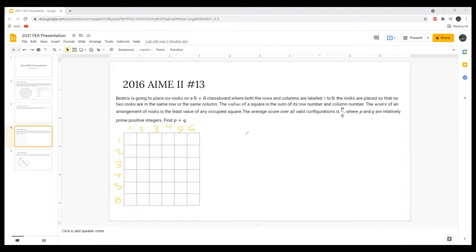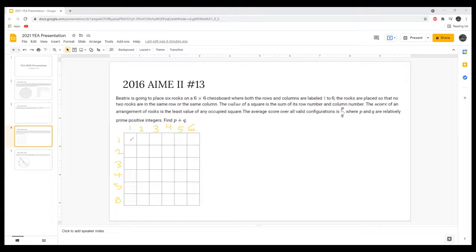So first of all, the total number of possible configurations is 720, because in this first row there are 6 choices to place a rook, and in the second row there's 5 choices because you can't put it in the same column as the first row, and then there's 4, 3, 2, and 1 choice for the rest of the rows. So the total number would be 6 factorial. So then the minimum possible score is obviously 2, which is 1 plus 1.